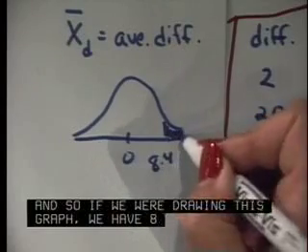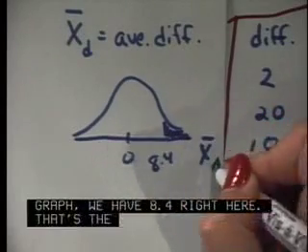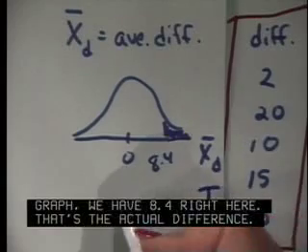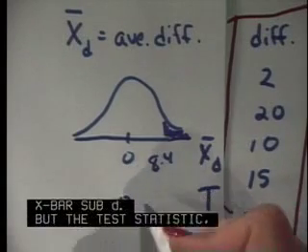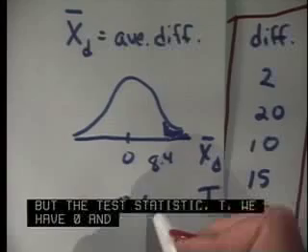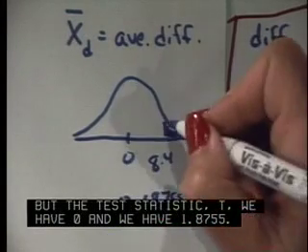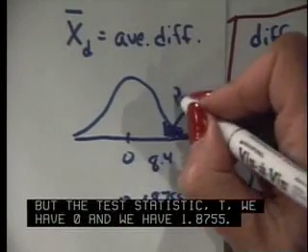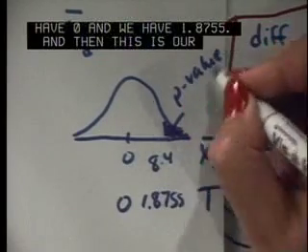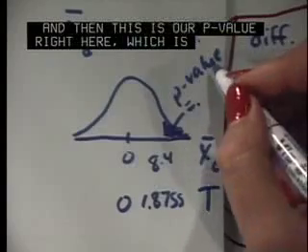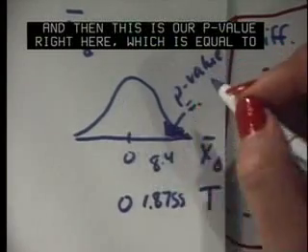That's the actual difference, x bar sub d. But the test statistic, t, we have 0, and we have 1.8755. And then this is our p-value right here, which is equal to 0.067.